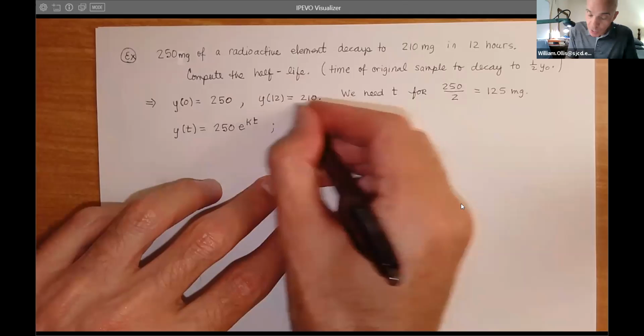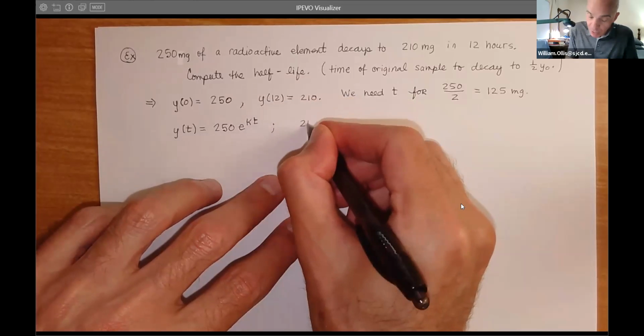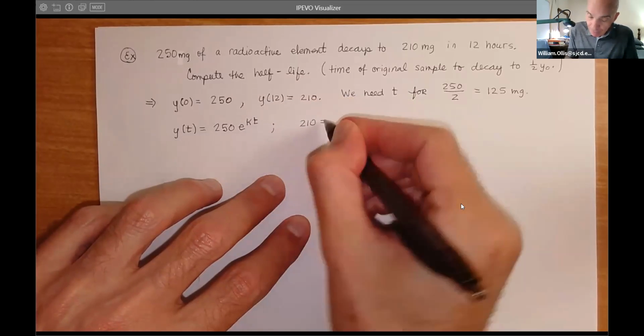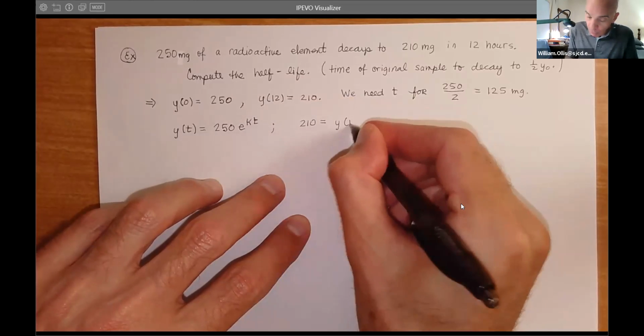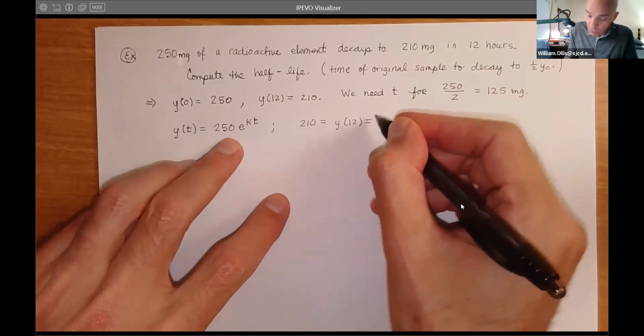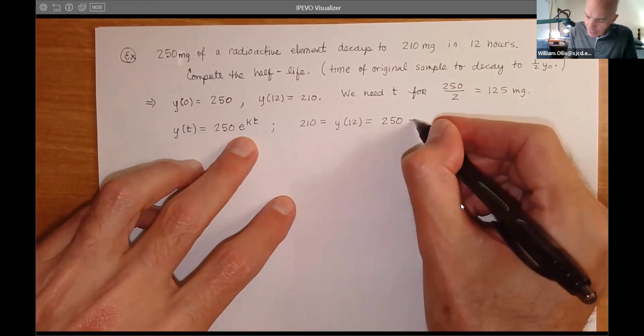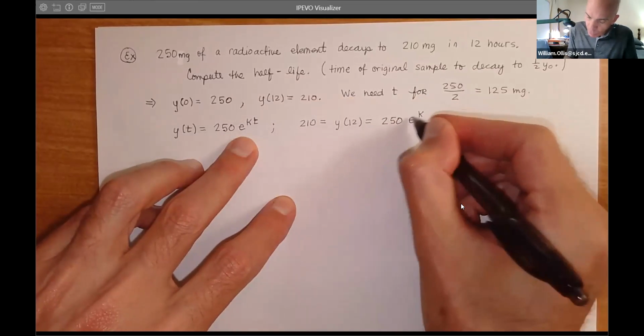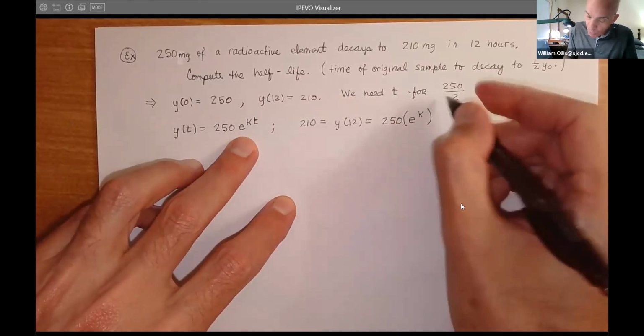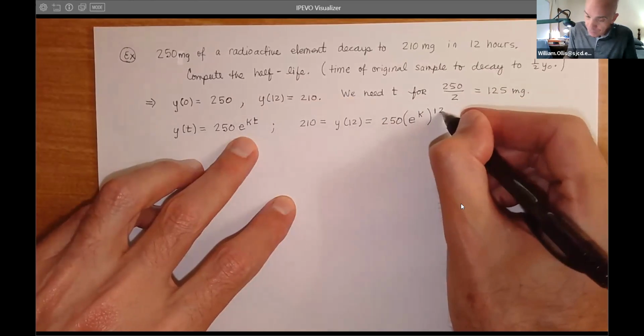So we can use this information here. 210 is equal to y of 12. So that'll just be 250 e to the k, now we use our laws of exponents, raised to the 12th power.